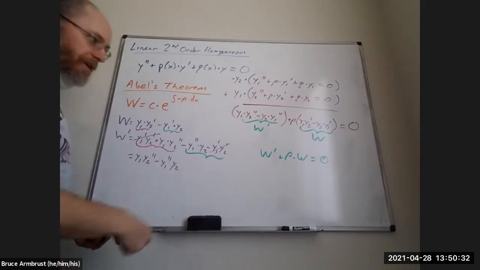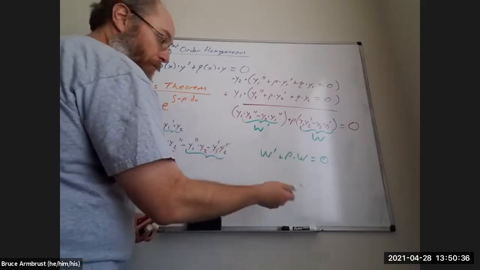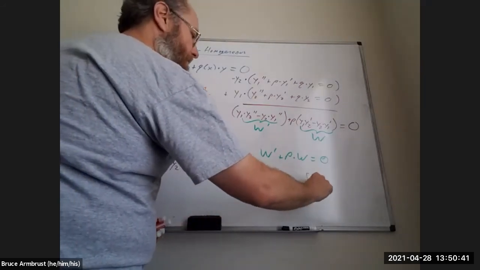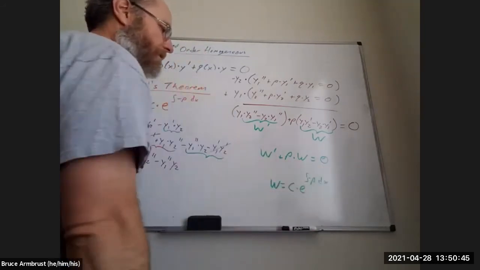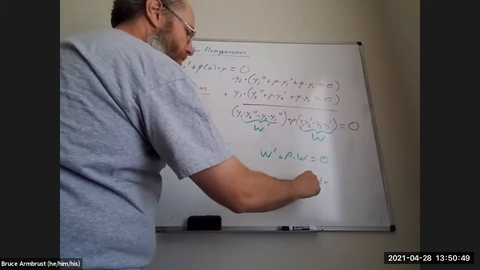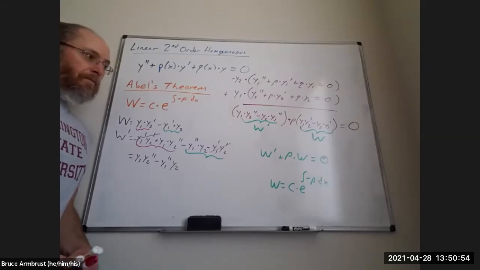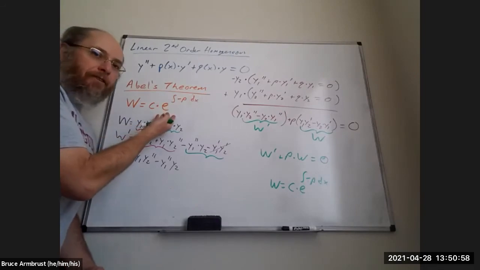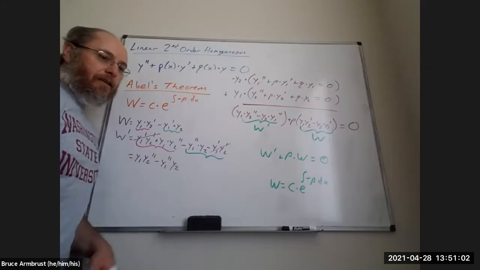And so if you solve this, by this point, you're probably recognizing solutions to this form. I hope you are. But what we end up with is c times e to the negative integral of p dx. Oh, yeah, right there. Ta-da.